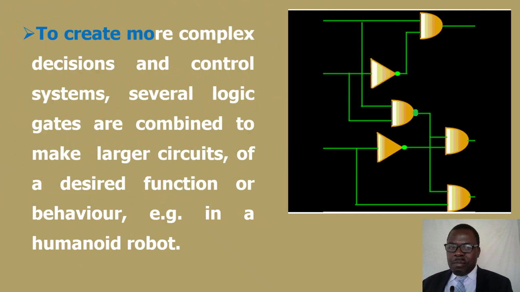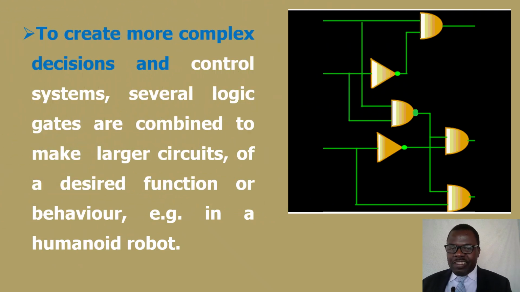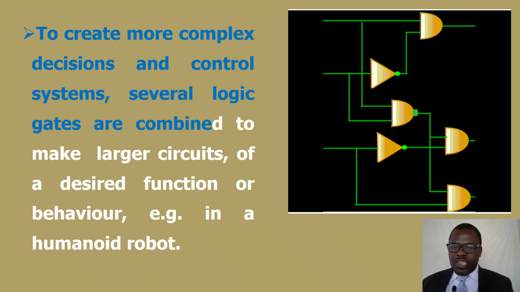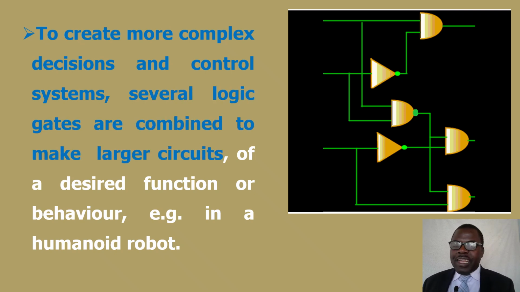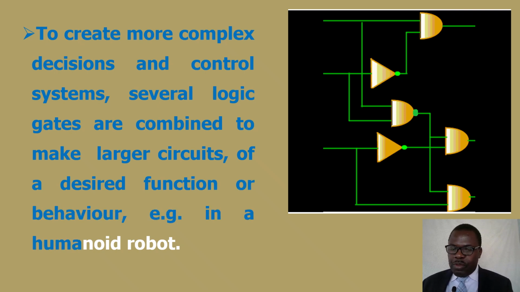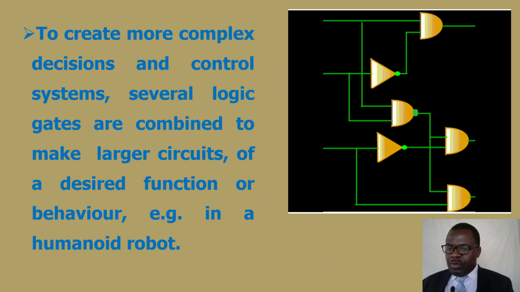To create more complex decisions and control systems, several logic gates are combined to make larger circuits of desired function or behavior, e.g. the behavior in humanoid robots.